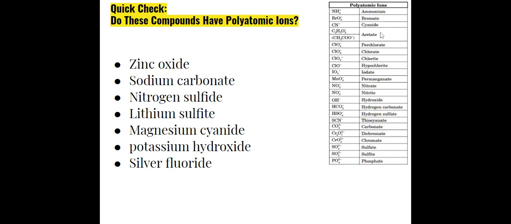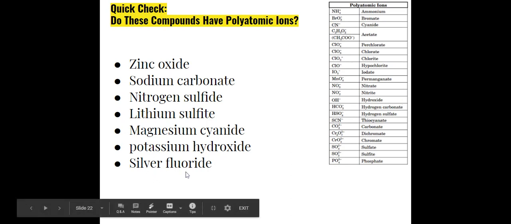There are a few exceptions to that rule. Ammonium is one, cyanide is one, and then the final one is hydroxide, which happens to be our next. Potassium hydroxide. So hydroxide is a polyatomic ion. And then silver fluoride, nope, not on the list.